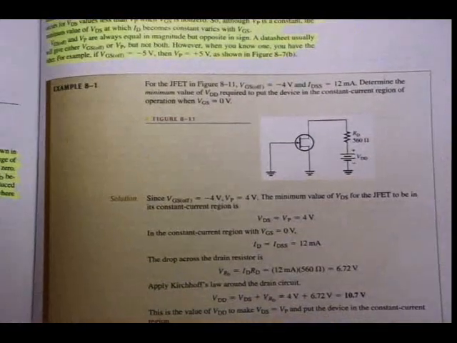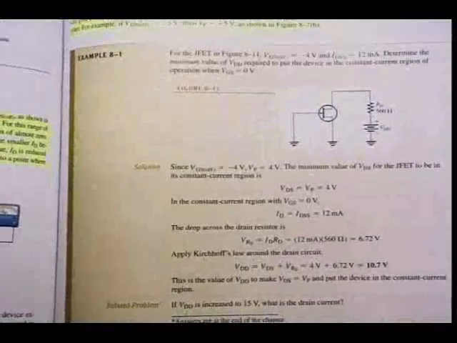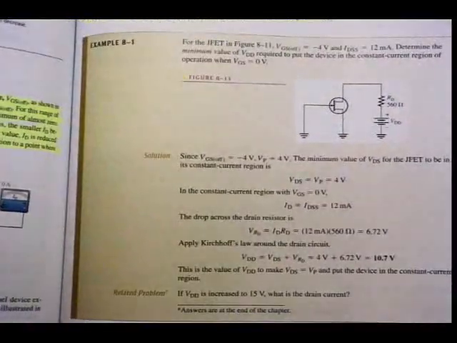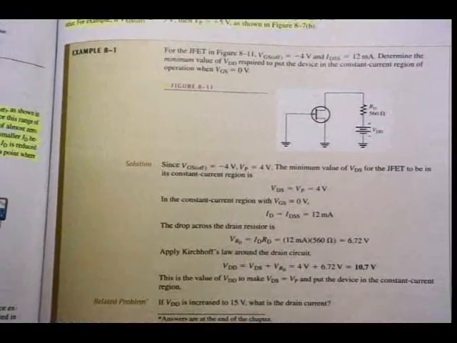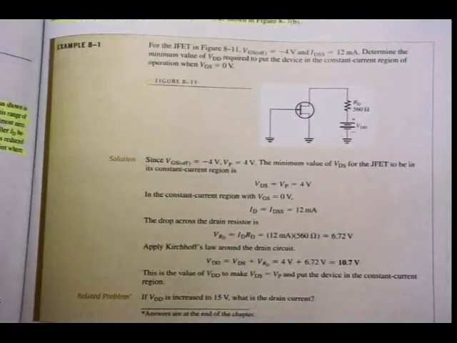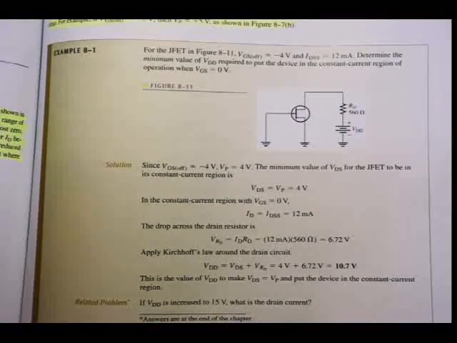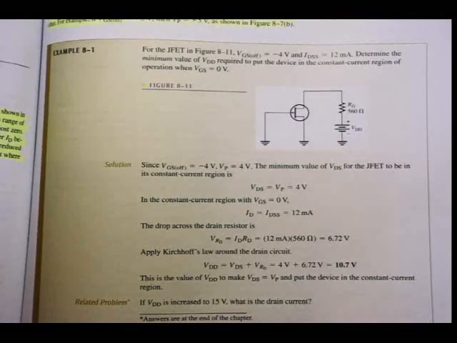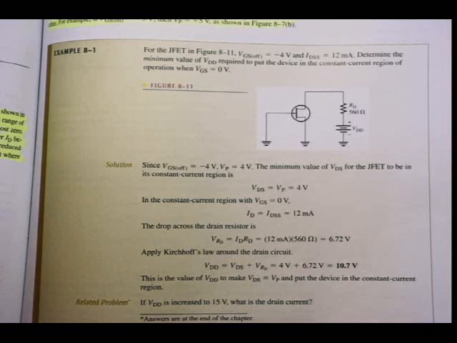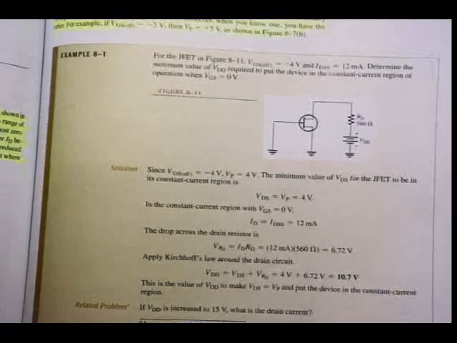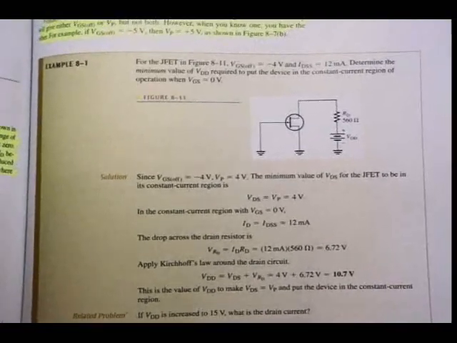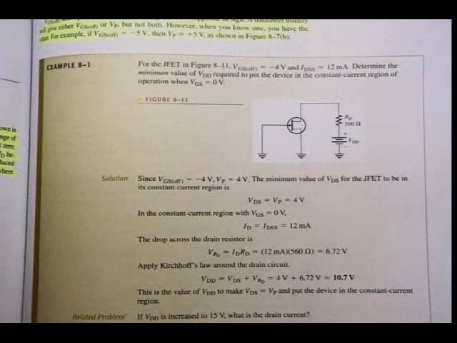Anyway, let's have a look at example 8.1. For the JFET in figure 8.11, VGS off is minus 4 volts, IDSS is equal to 12 milliamps. Normally these values will be given, but I will explain later as well.